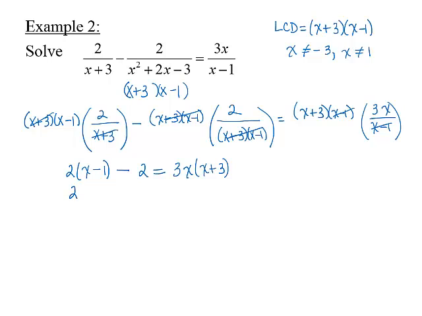Distributing gives us 2x minus 2 equals 3x squared plus 9x. Combining like terms, we get 2x minus 4 equals 3x squared plus 9x.